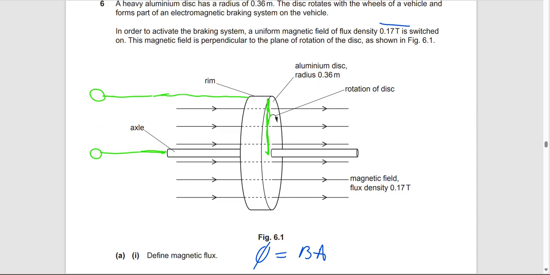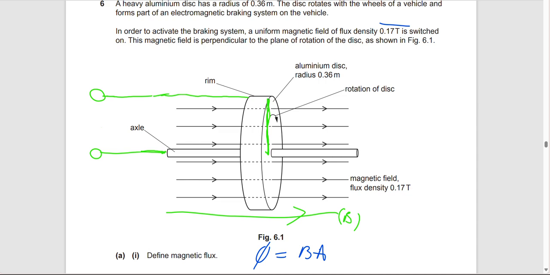So the rotation of the disk is into the page. From Lenz's law, the current should produce a magnetic field that opposes the magnetic field that is causing that current. Does that make sense? We have a magnetic field going in that direction, and a conductor rotating in that magnetic field.